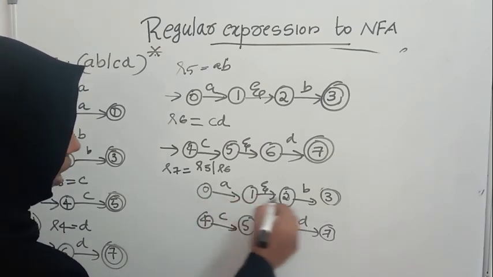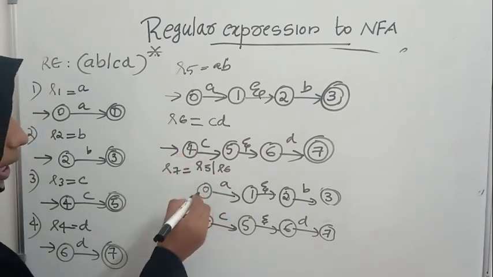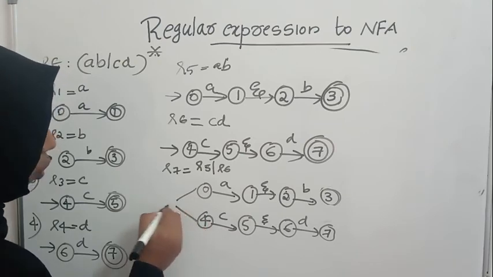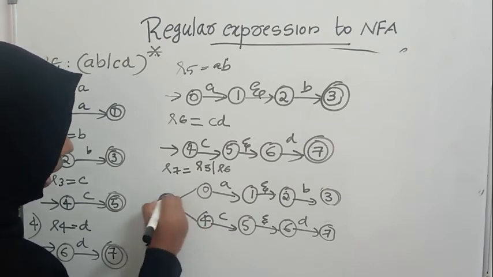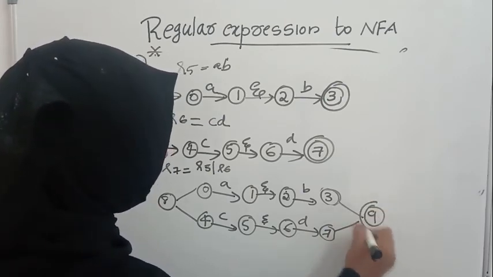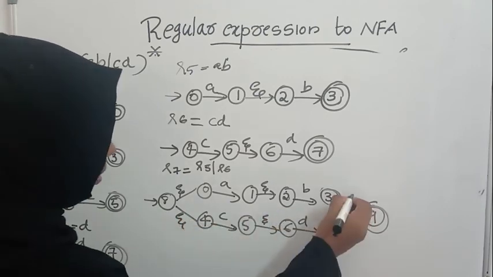Now the NFA for R5 is ready, the NFA for R6 is ready. For drawing R5 or R6, you just have to draw both the NFAs and simply connect both to a new initial state and a new final state using epsilons. This is as simple as that.